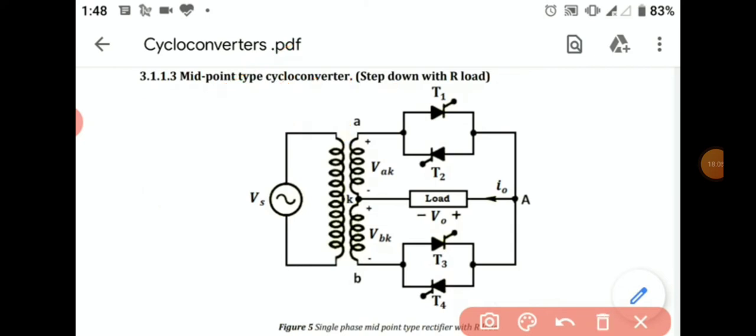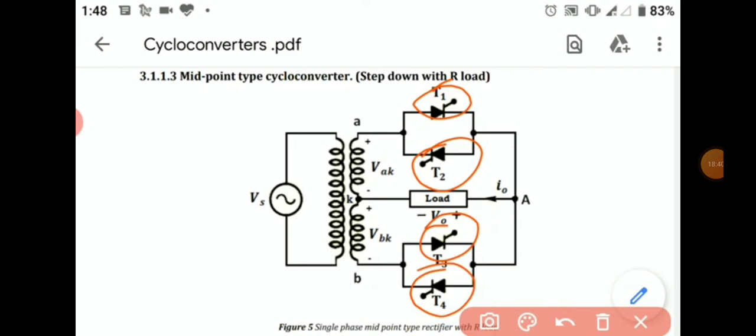You can also see that the circuit diagram for midpoint type cycloconverter in step up cycloconverter and in step down cycloconverter will remain same. As the circuit diagram is same, but the working of this circuit diagram will vary a little bit. So in this circuit diagram we have four thyristors, that is thyristor T1, T2, T3 and T4.